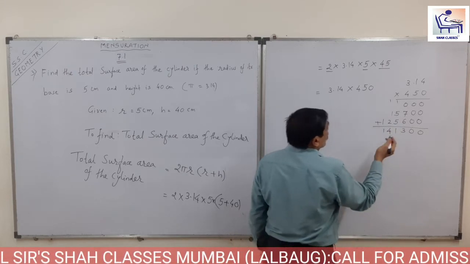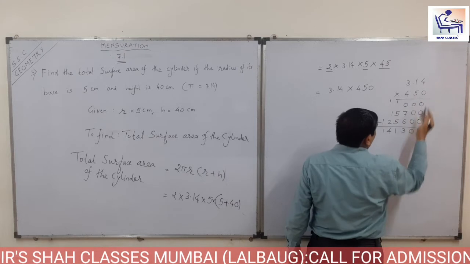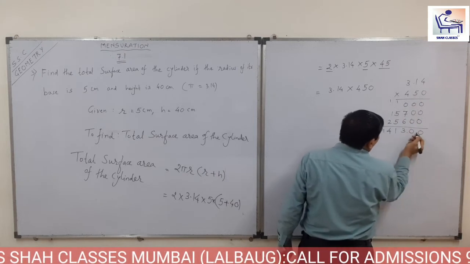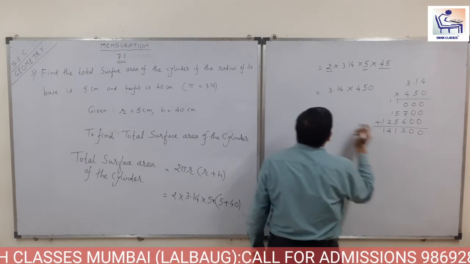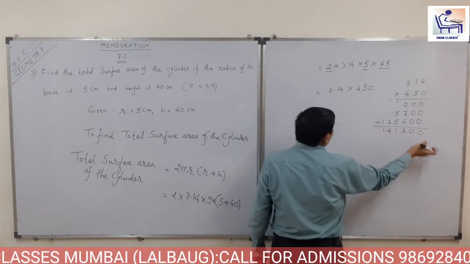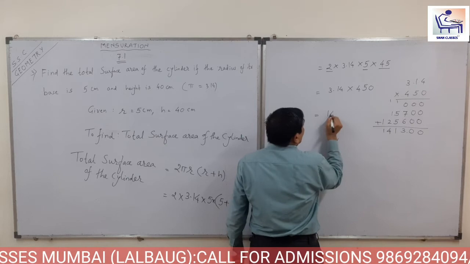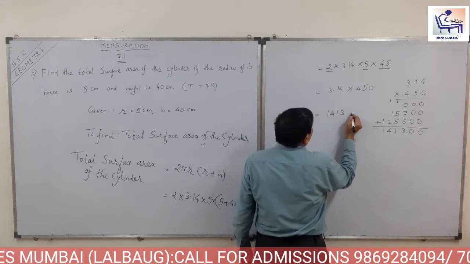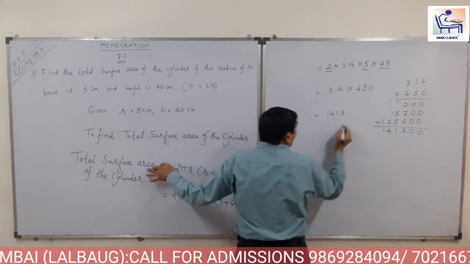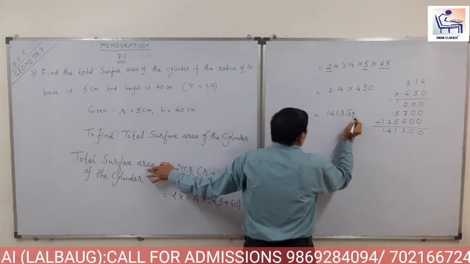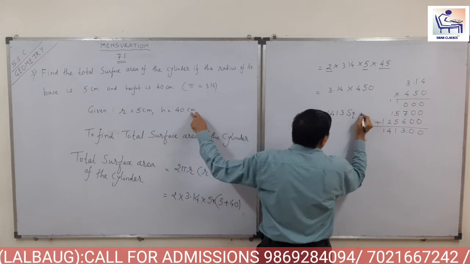Here we got it. So after 2 digit we have to put a decimal point. So यहाँ पे this 2 zeros, okay, हम लोग क्या करेंगे, इन 2 zero को cancel कर देंगे. After decimal point 0 doesn't have any value. So here 1413. This is what again? Total surface area. Area में हम लोग क्या करते हैं? Square word use करते हैं. This is in a centimeter.